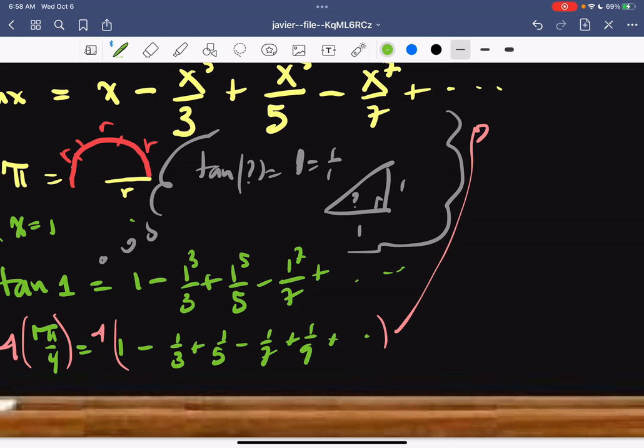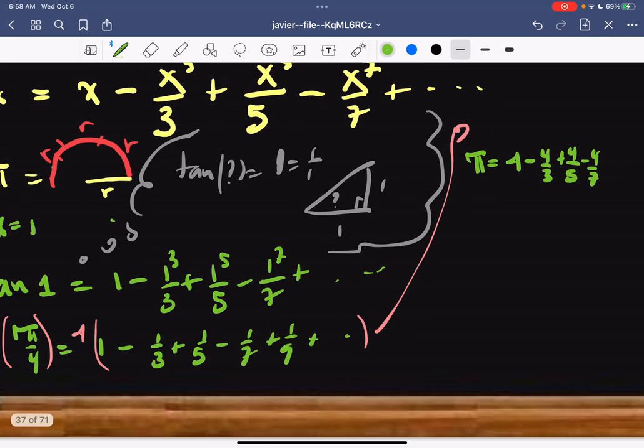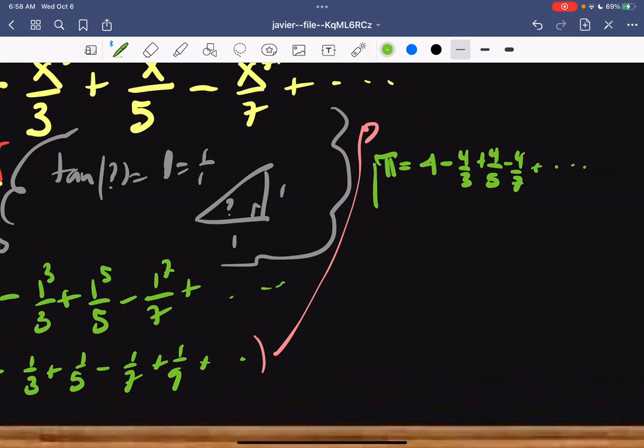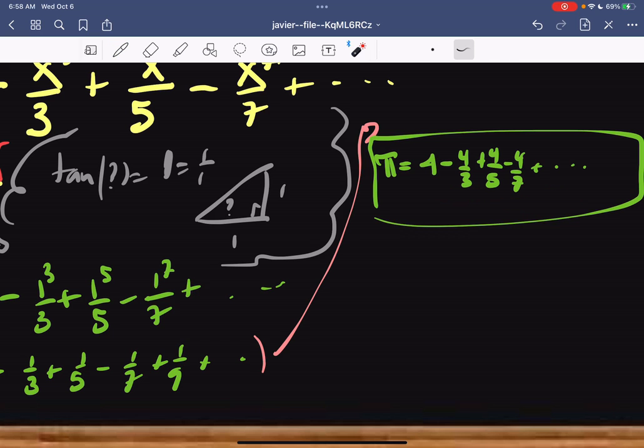It gives me that pi is equal to 4 minus 4 over 3 plus 4 over 5 minus 4 over 7, dot, dot, dot. This, my friends, is an amazing statement. I've written pi as just a combination of adding and subtracting fractions. That, my friends, is beautiful.